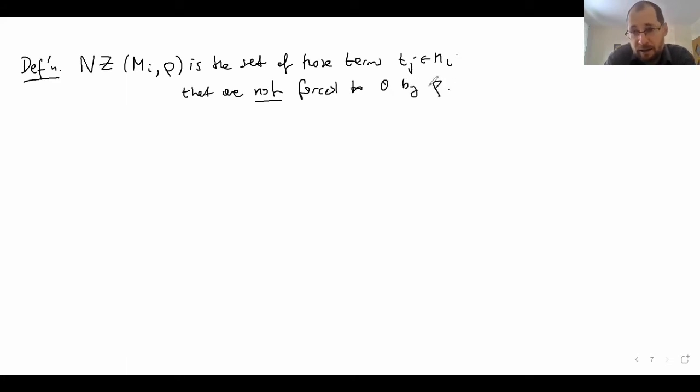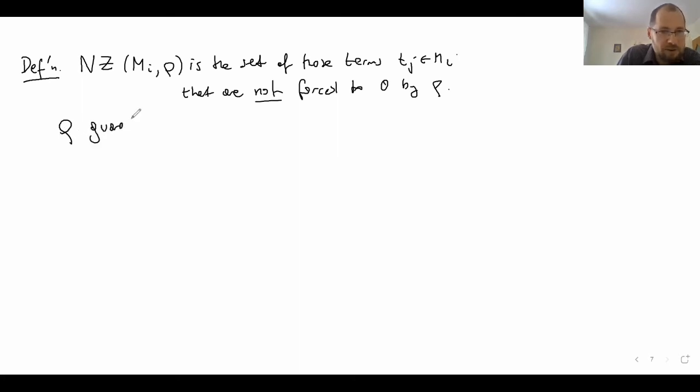So if you look at an assignment in the duplicator's family, and you look at a configuration in the small space refutation, you look at how many or which terms have been set to 0, and you then look at the set of those that aren't. They might be forced to 1, they might be undecided yet, but they're the ones that matter. They're still, in some sense, alive. And there's a special notion to use here.